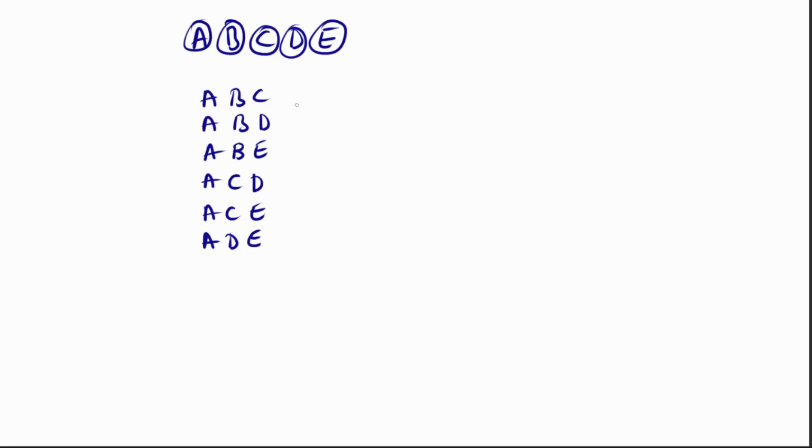So this is all the teams that have an A in them. So we could also have B, C, D. We could have B, C, and E. What else? We could have B, D, E. I think that's everything with the B's that is not already mentioned. And then, of course, we could have C, D, and E in a team.